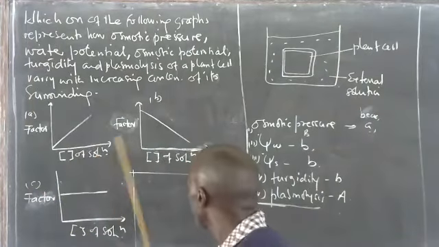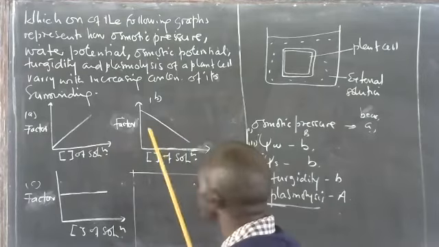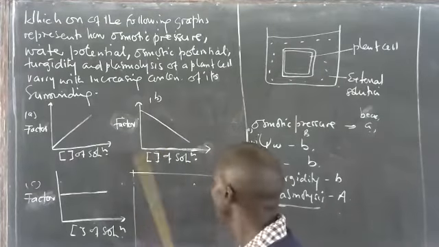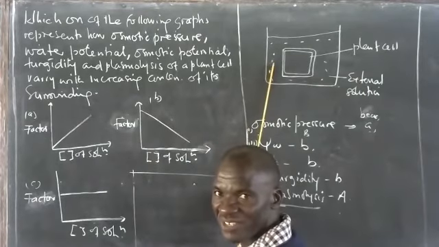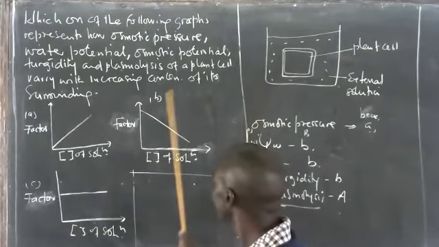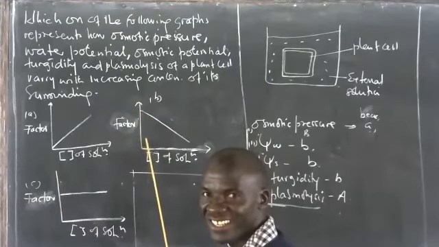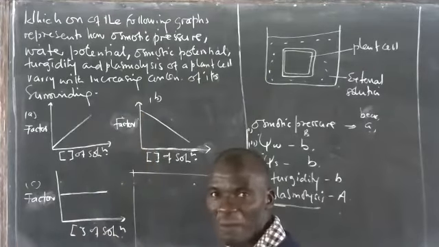And that would mean we would go with the B. That means that if the surrounding has very low concentration, the cell will be absorbing water.